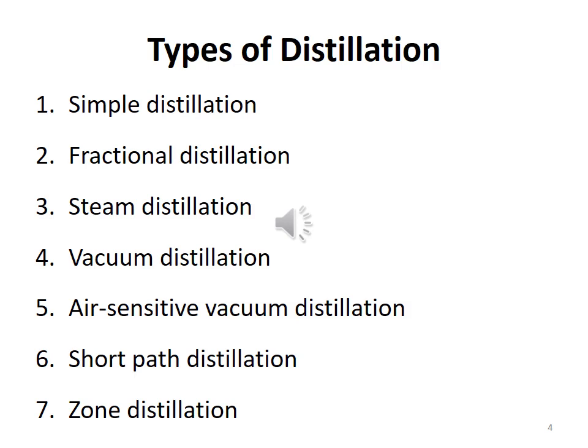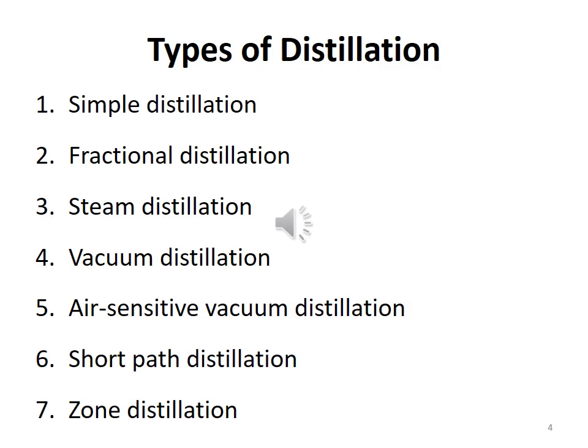Fifth one is air sensitive vacuum distillation, and this is used for those compounds that are sensitive to air and readily react with the air. So the vacuum distillation process is carried out, but in this vacuum distillation, vacuum is replaced with an inert gas once the process is complete. Such a process is often known as air sensitive vacuum distillation.